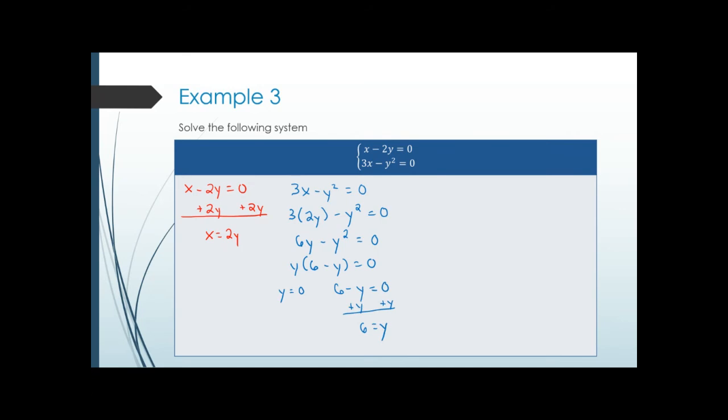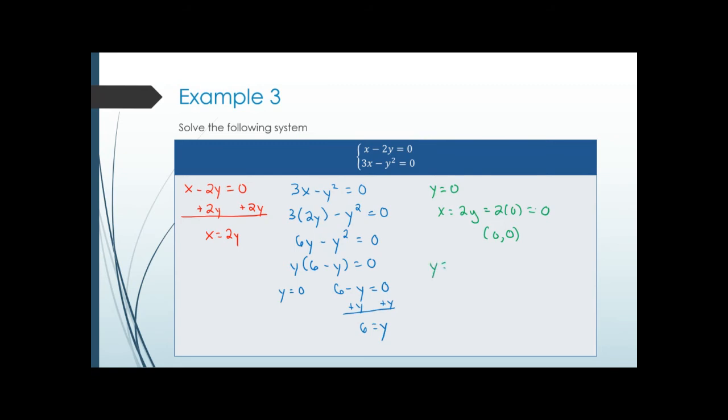Now I can plug both of those into my x equals 2y equation so that I can find what x is. So when y is equal to 0, x is equal to 2y, so that's 2 times 0, which is 0. So one of my ordered pairs is (0, 0).